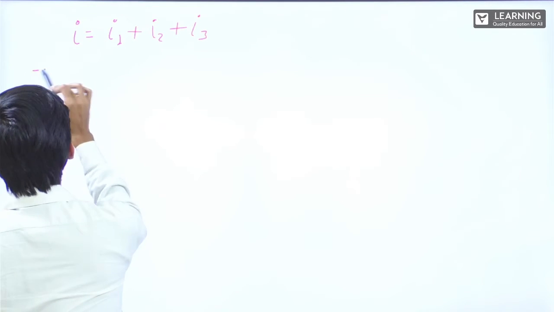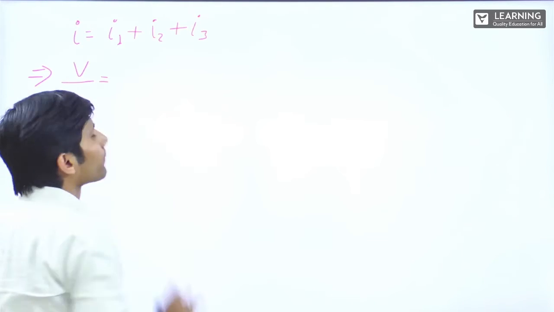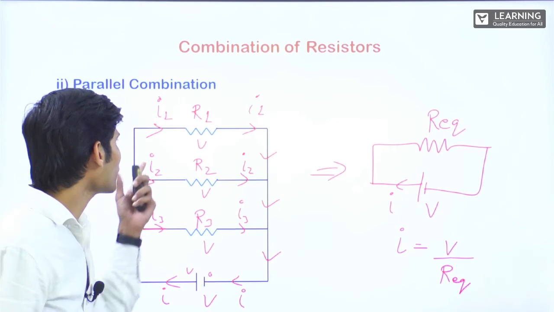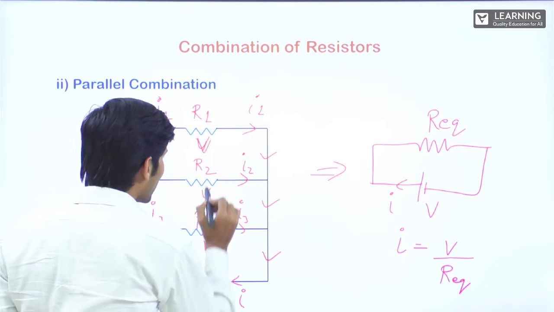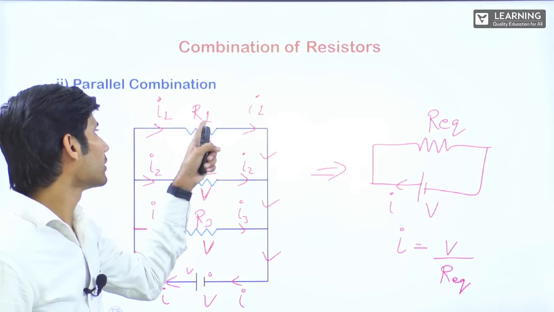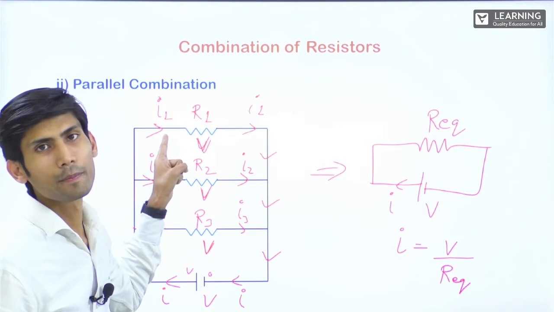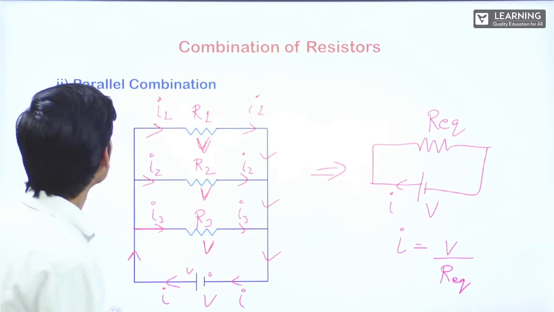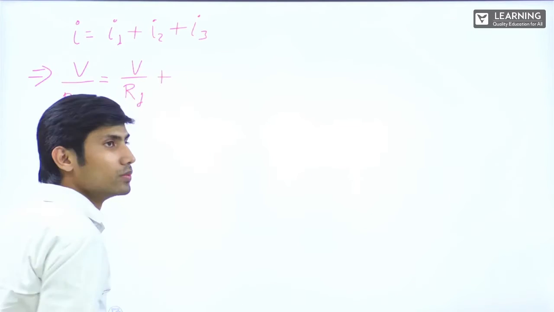So now I is equal to V upon R equivalent. What is I1? Potential difference is V, that is provided by the battery. Current is I1, resistor is R1. What will be the current I1? V by R1, correct? What will be I2?